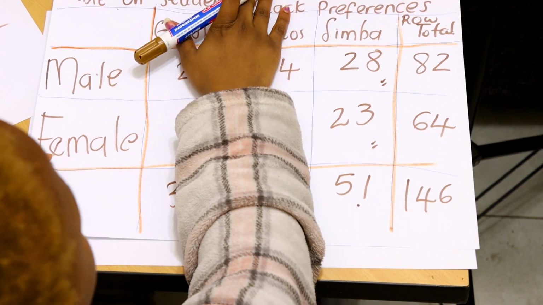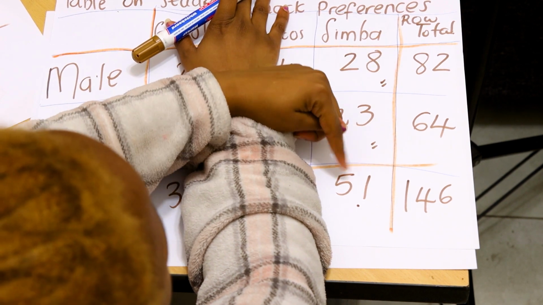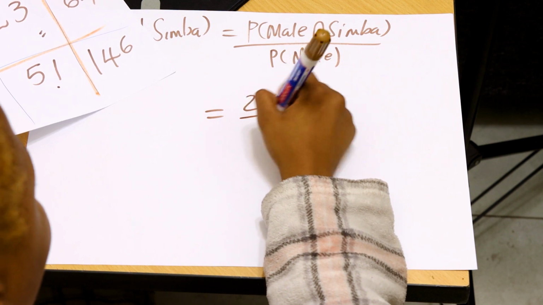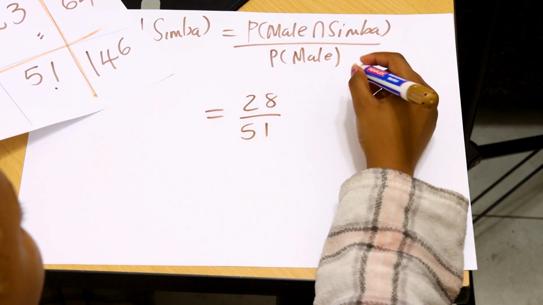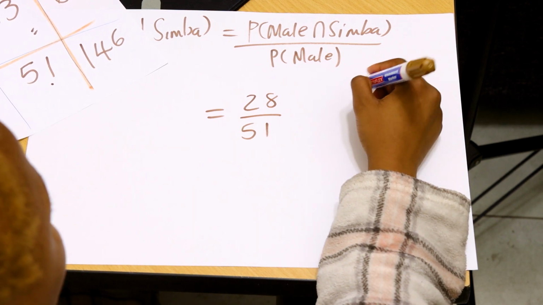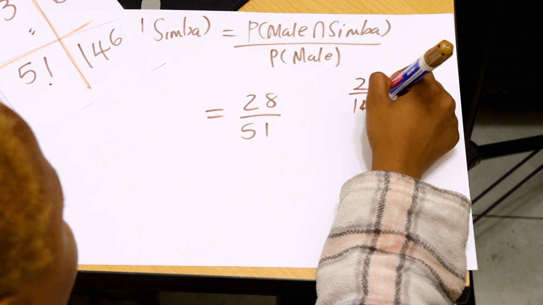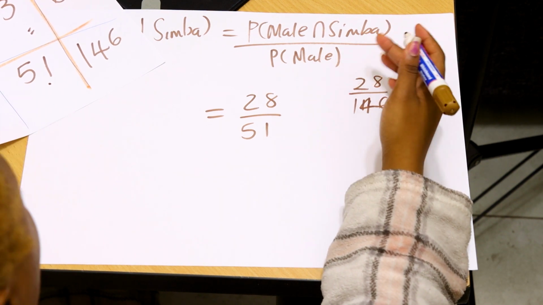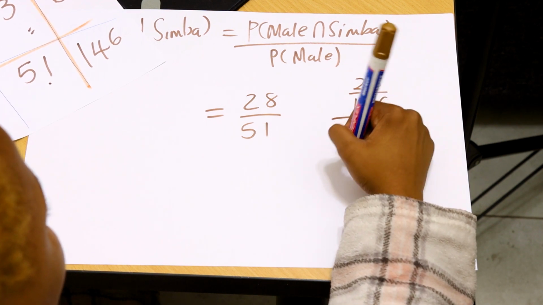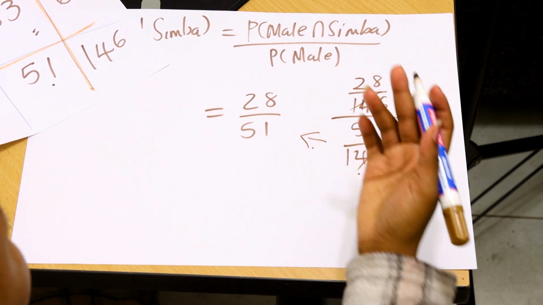They've given you that it's Simba, so the probability of male and Simba would be this 28 divided by 51. Again, it's similar to the one I showed you above, that it's 28 over 146, which is the probability of male and Simba. Then the probability of Simba is 51 over 146. Then these two would cancel out and you'd eventually get that answer.